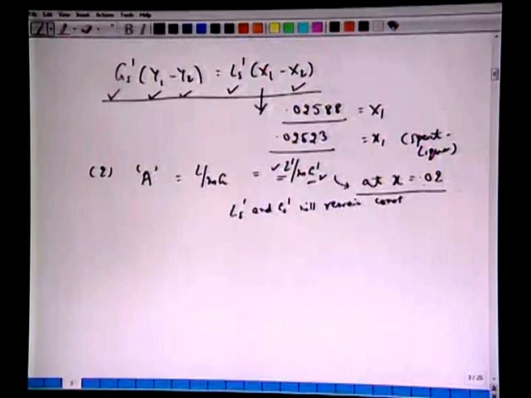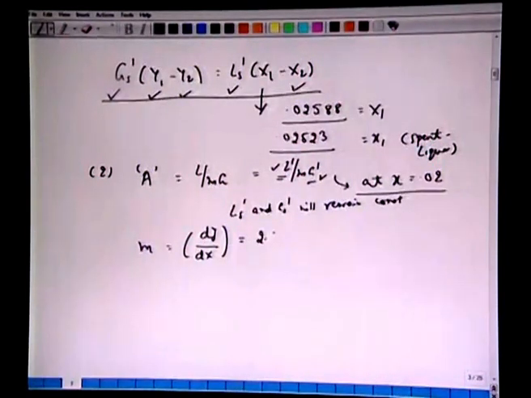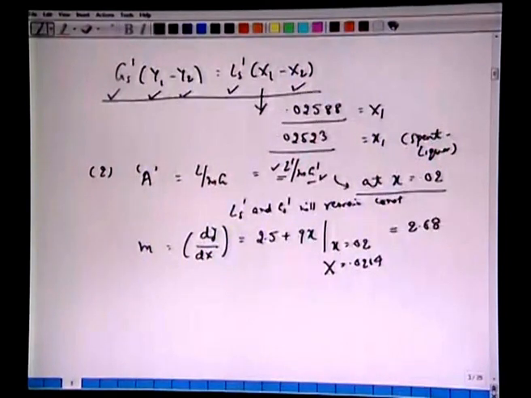Okay. So, first the slope m is nothing but dy by dx, which you calculate by differentiating equation 2.5 plus 9x, and evaluating this at x equal to 0.02, or capital X equal to 0.0204, to obtain 2.68.